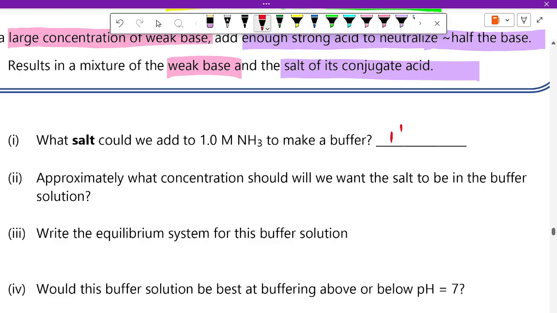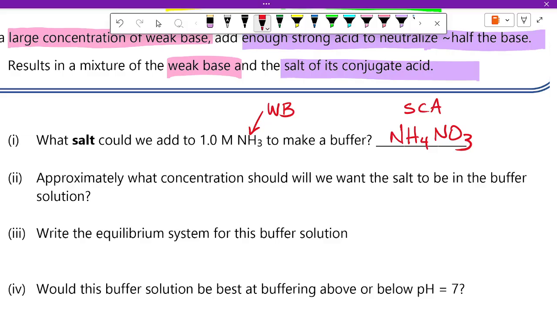NH4NO3 sounds good to me, because we have a weak base and we have the salt of its conjugate acid.